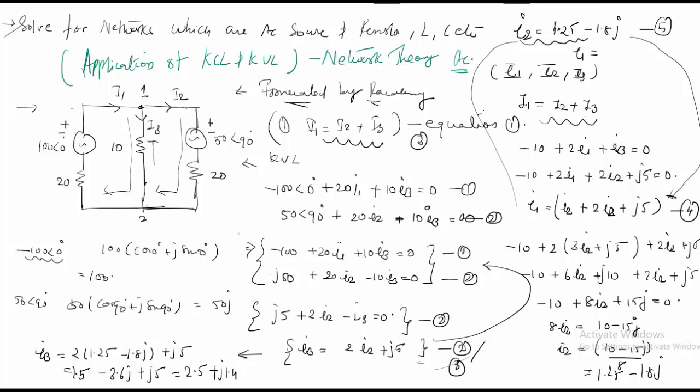So this is how I found my I3 is equal to 2.5 plus j1.4.